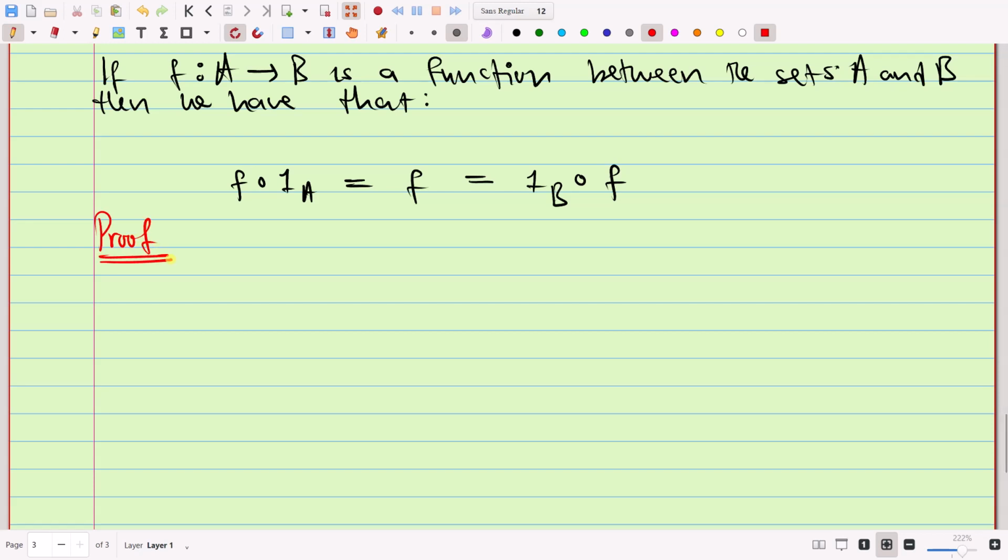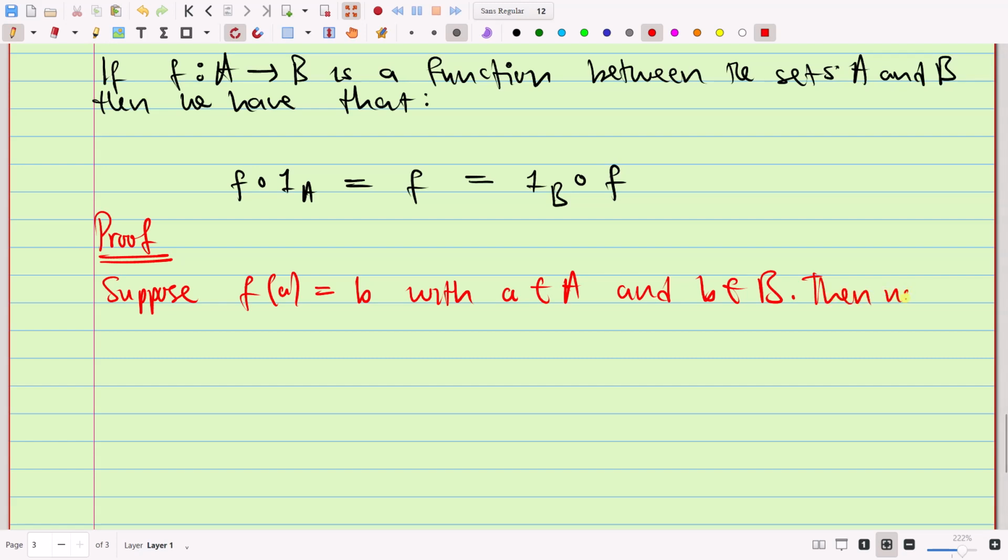So to see a proof that this is indeed true, let's prove it. What we're going to do now is say suppose f of a is equal to b, with a any element that is in A, and b an element of B. You see, so let's suppose that this is true. Then what do we have?